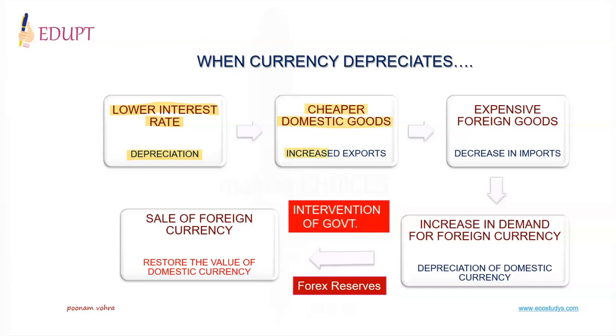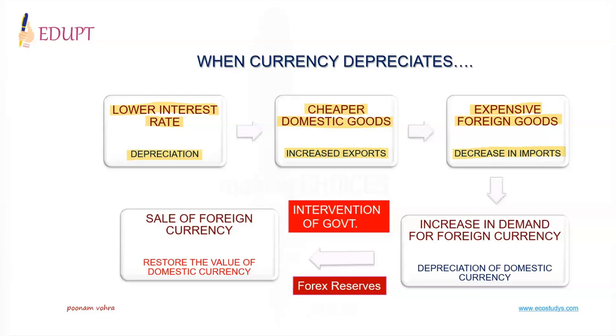There will be an increase in exports, and domestic firms benefit from increased sales as it helps in an increase in aggregate demand. But at the same time, foreign goods become expensive. There will be decrease in imports.